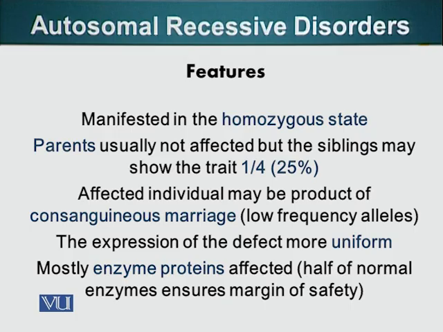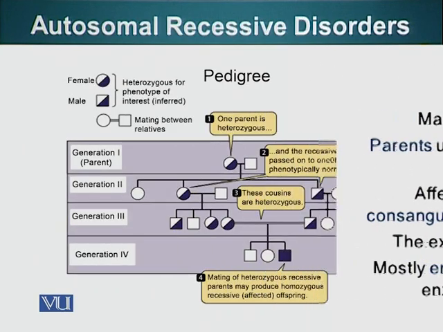Autosomal dominant disorders are generally caused by mutation or changes in genes which are coding for regulatory proteins or structural proteins with multiple subunits. To understand this, we have to talk about other concepts which are sort of beyond the scope of this course. So maybe in a future course we can talk about that.